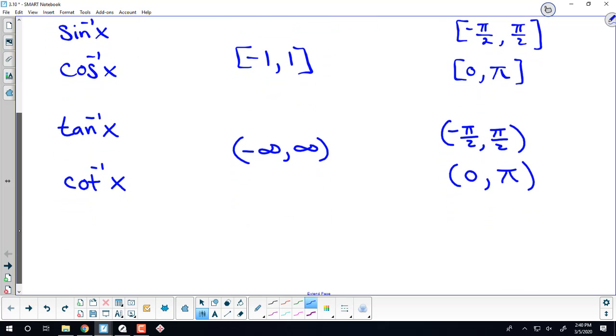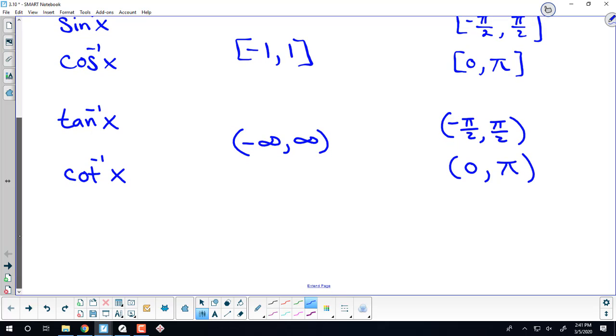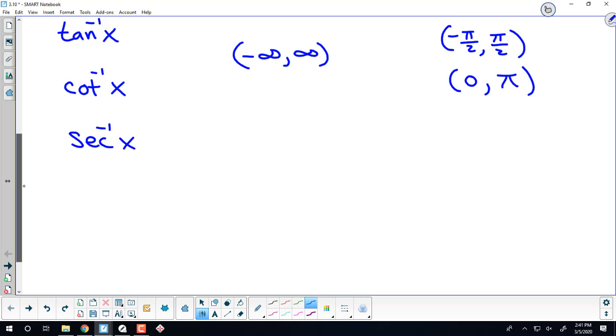Okay, secant and cosecant, inverse secant and inverse cosecant. They both have a domain where the absolute value of x has to be larger than or equal to 1.